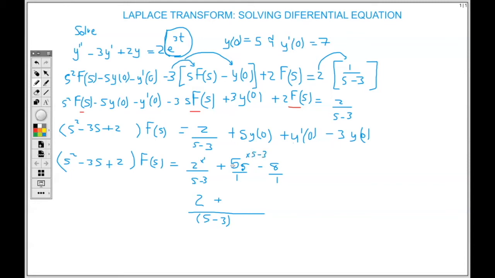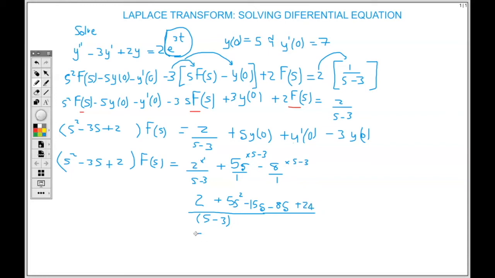So s minus 3 times 5s: 5s times s is 5s squared, and 5s times minus 3 gives us minus 15s. 1 into s minus 3 gives us s minus 3. Then multiply minus 8 times s, that's minus 8s, and minus 8 times minus 3 will be positive 24.